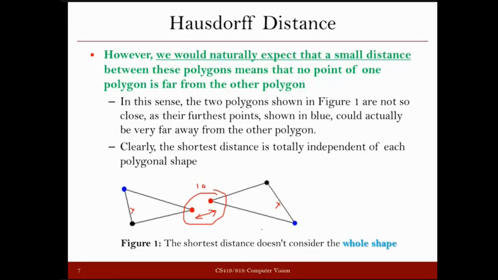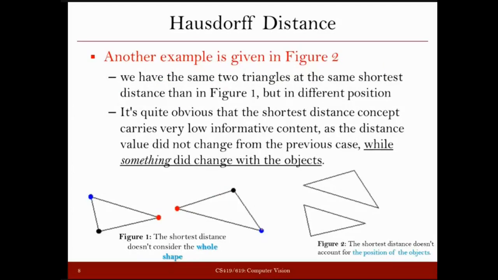The notion that you are getting from the distance does not actually represent the distance for all the points. And the second problem is, suppose we have these two shapes again, and now they are not placed like this, but they are placed like this here.